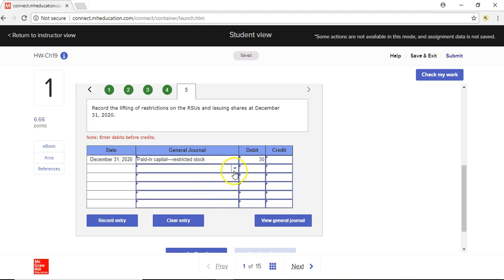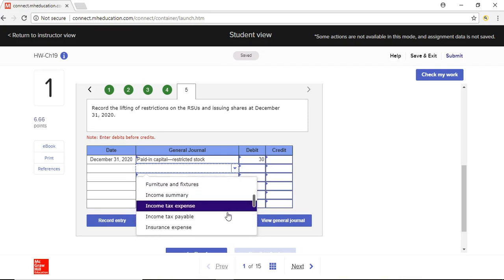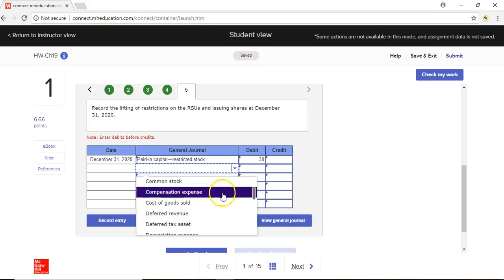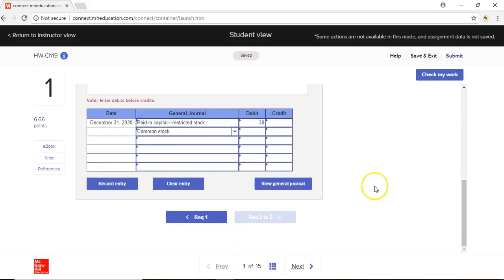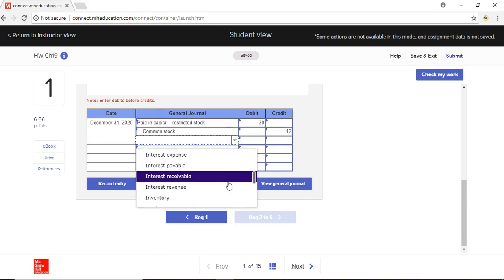On the credit side, real stocks will be granted to the executive. So we will credit common stock account at par value. Each share is $1 par, so 12 million shares, $12 million. And excess of par will be used to balance the entry.